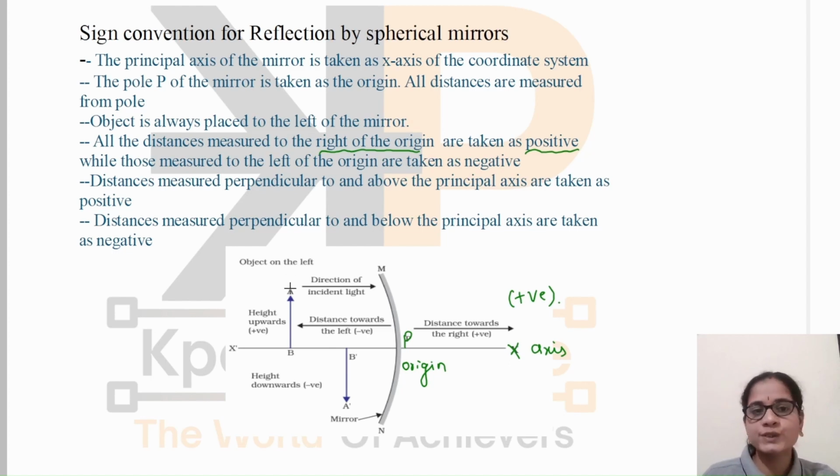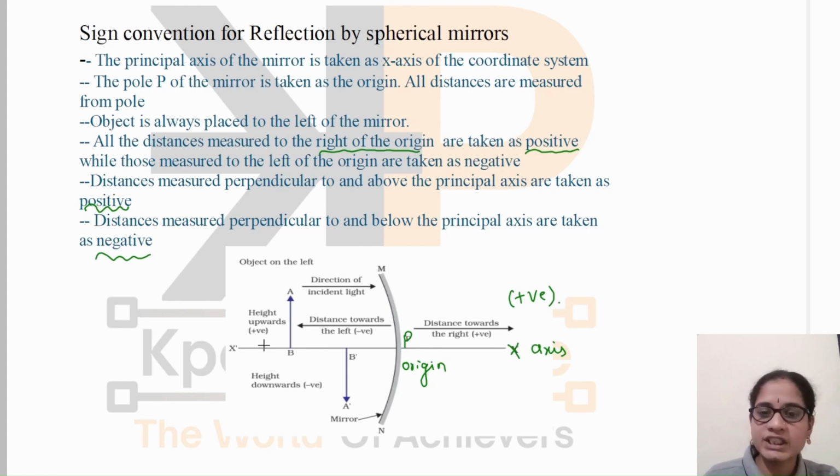Also, the distances measured perpendicular to and above the principal axis are taken as positive. When you measure the distances below the x-axis, perpendicular to the principal axis, they are taken as negative.